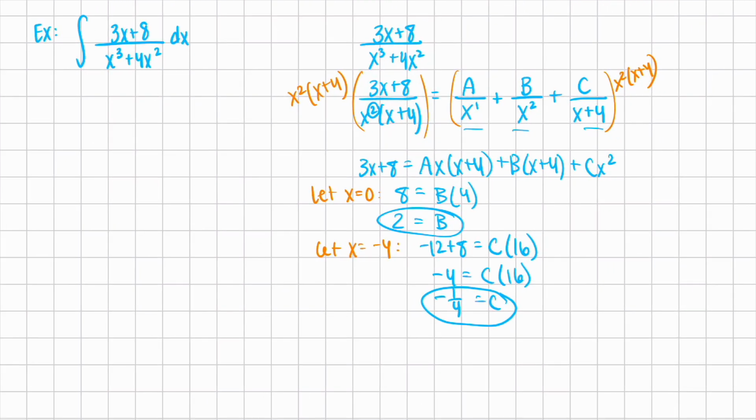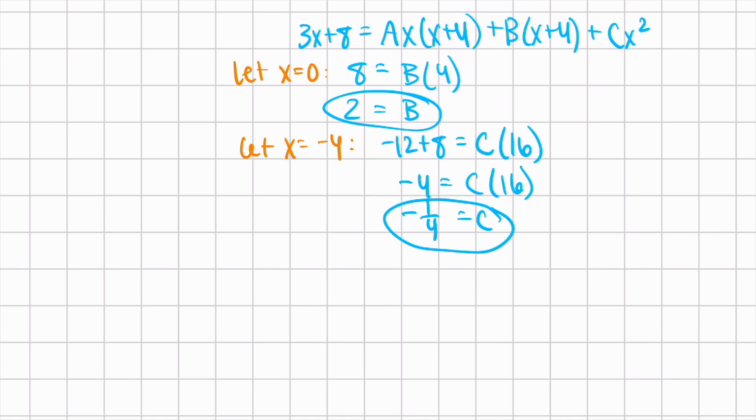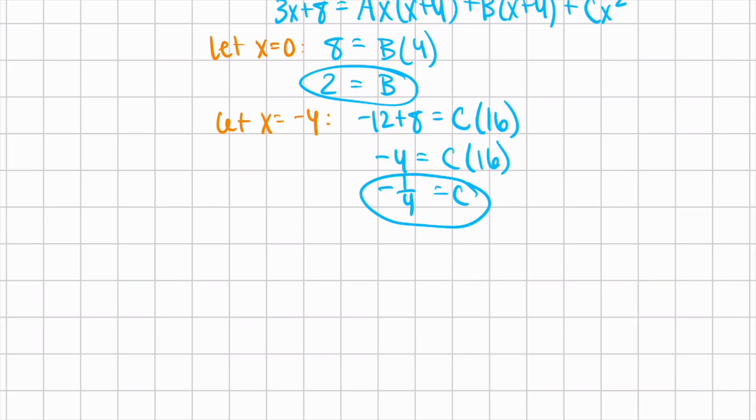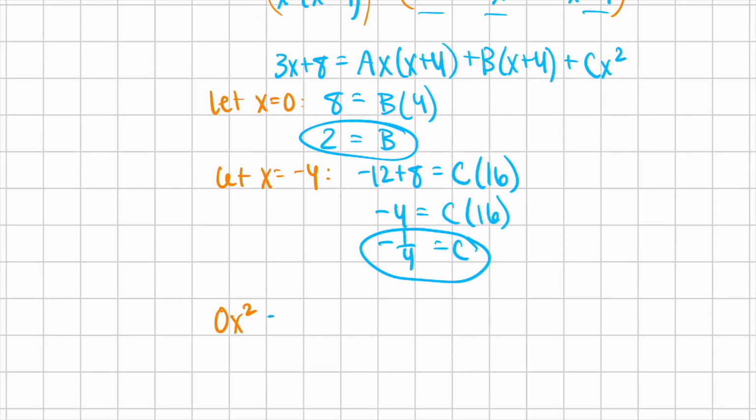Now from here, there isn't really a number we can plug in for x to help us isolate a. So we're going to need another strategy. What we did before is we said that I can equate some of my coefficients with each other on each side of the equal sign. On the left side, I have 0x squared, because I don't have an x squared term, plus 3x plus 8.